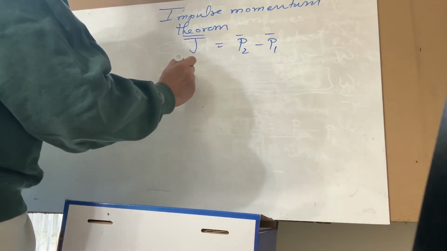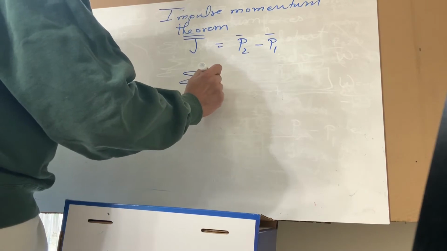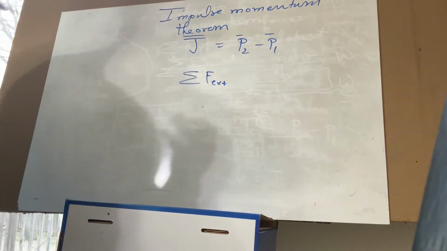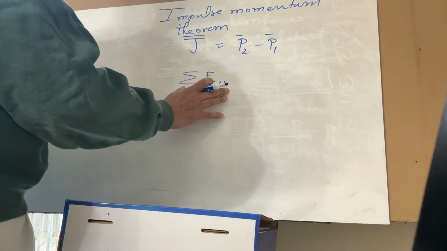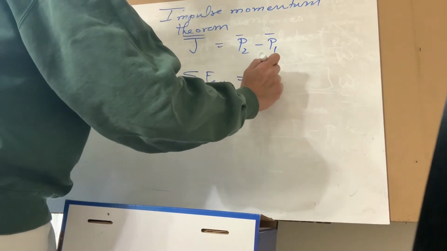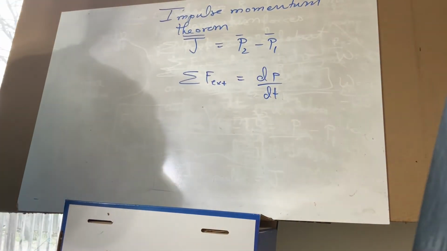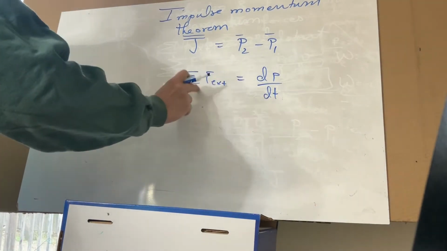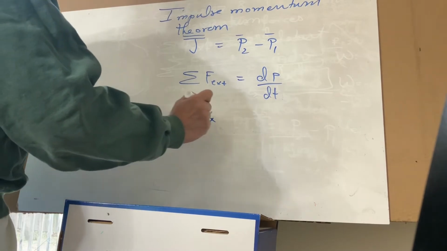For example, suppose the sum of all the forces changed. It was some function of time. So this changed. Then this is equal to dp by dt.